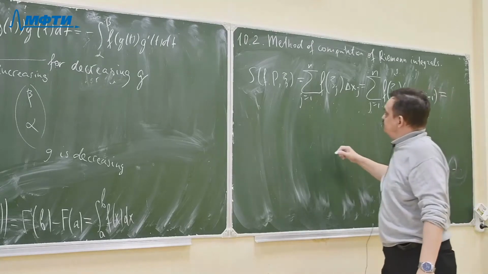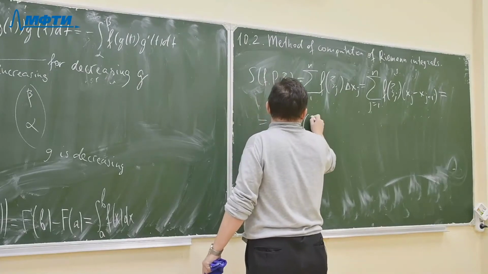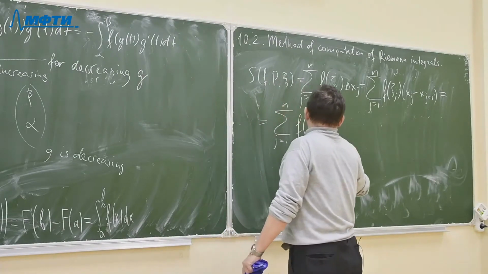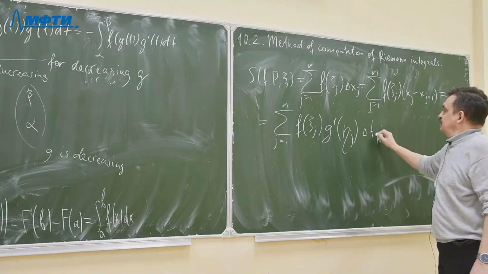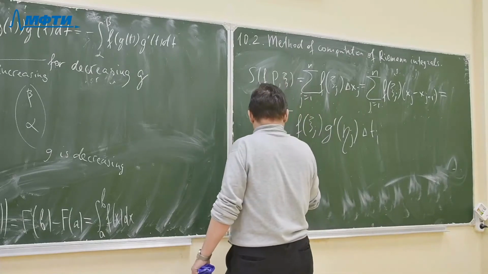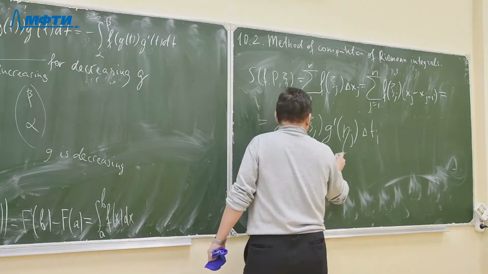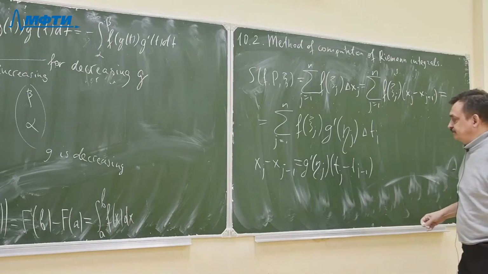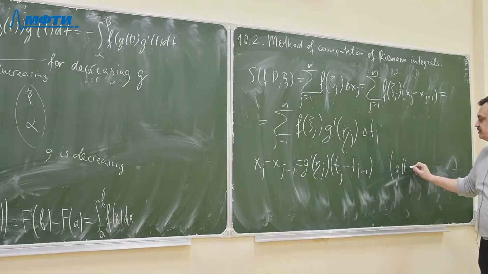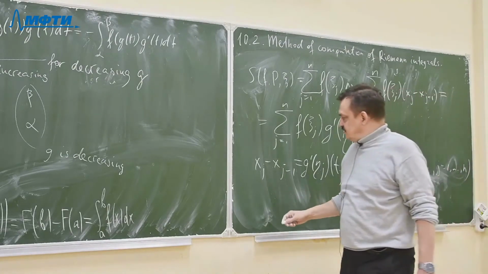Then by the Lagrange mean value theorem, this can be replaced by g prime at a point eta j times delta tj. So xj minus xj minus 1 equals g prime of eta j times tj minus tj minus 1, where g of tj equals xj. That is the Lagrange mean value theorem.